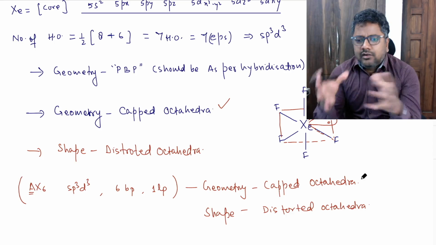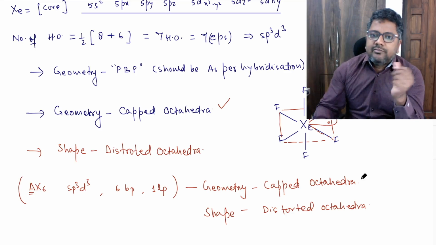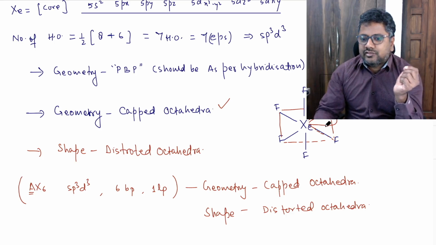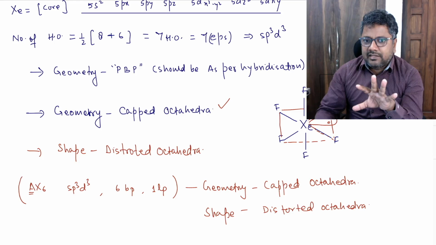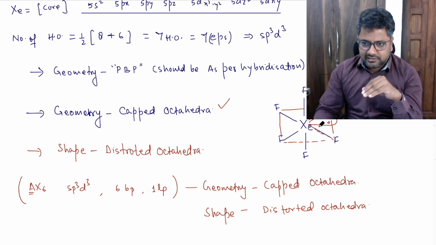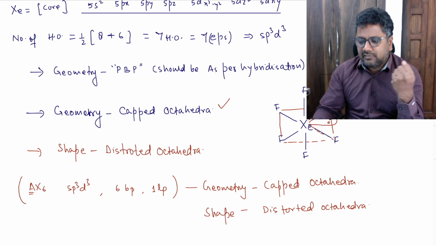So this is all due to the repulsion in space between these fluorine atoms. They will always try to be present at maximum distance from each other, so their energy should be minimum, right?